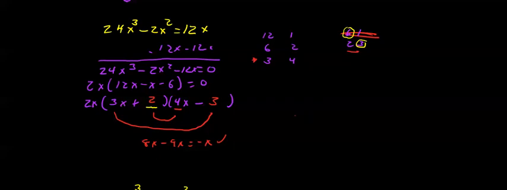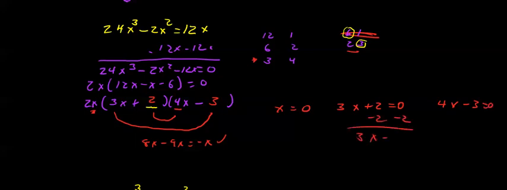I ran out of space here, but my factors are 2x. I can ignore the 2. X. So x equals 0. 3x plus 2 equals 0. Or 4x minus 3 equals 0. Subtract 2. 3x equals negative 2. Divide by 3.